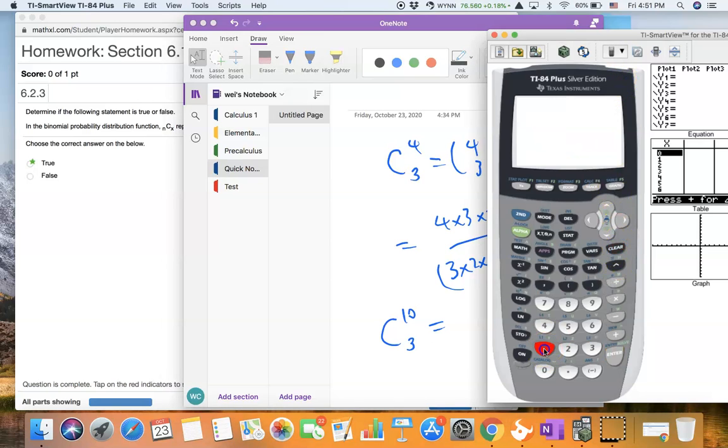I will first put 10, and then under MATH PRB I select option 3. Okay, I press enter, and then I click 3. So there will be 120 ways to select 3 objects from 10 objects.